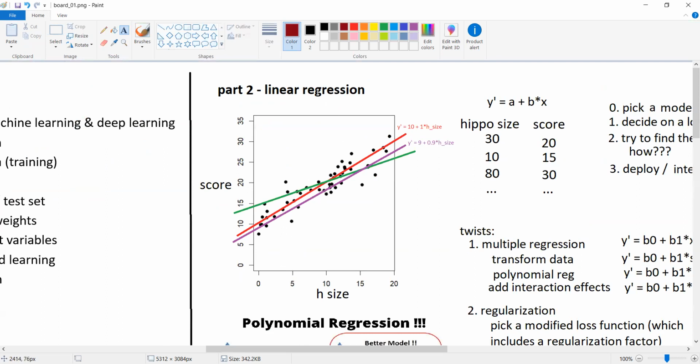What that means is that we're assuming that for every x, let's say the hippocampus size, our prediction will be the average of the normal distribution. Remember, a normal distribution has a mean and a standard deviation. So we will predict the parameter mean, and then the actual observation will come from a normal distribution around our line.